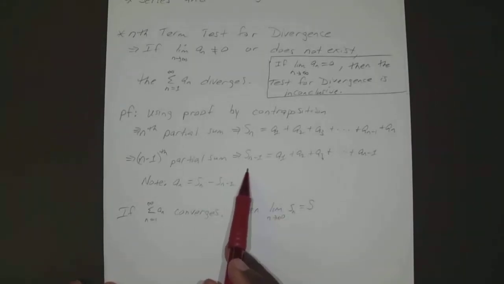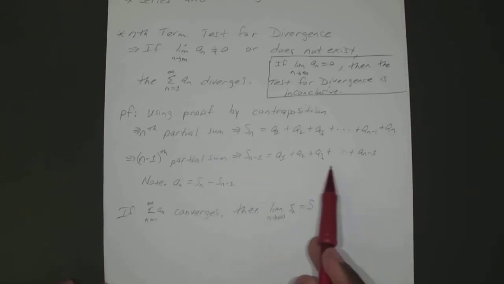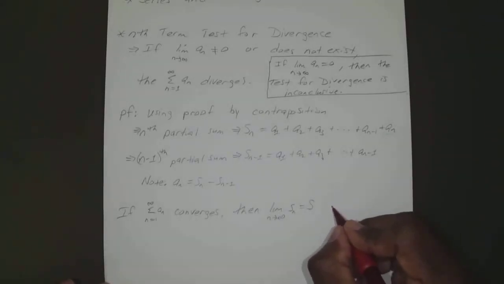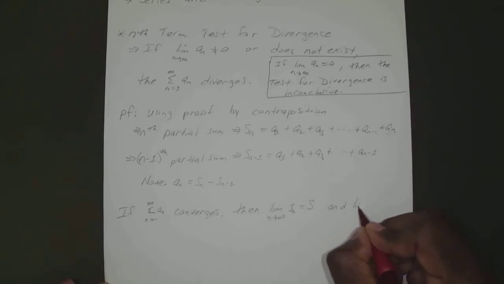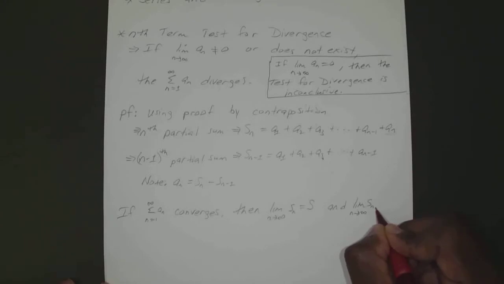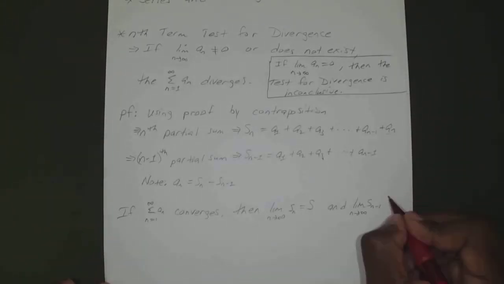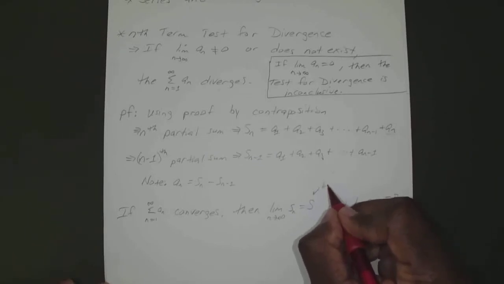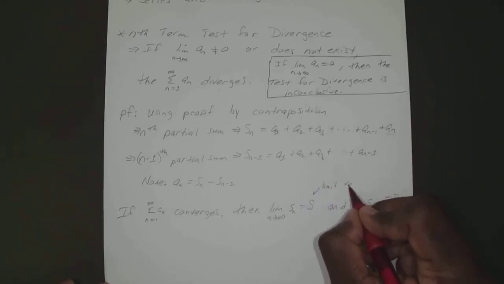And the partial sum S sub n minus 1 is really close to being the same thing if n gets big enough. Having that one extra term won't make much of a difference. So the limit as n approaches infinity of the n minus 1 partial sum is also equal to some value S. And that's just the limit value.